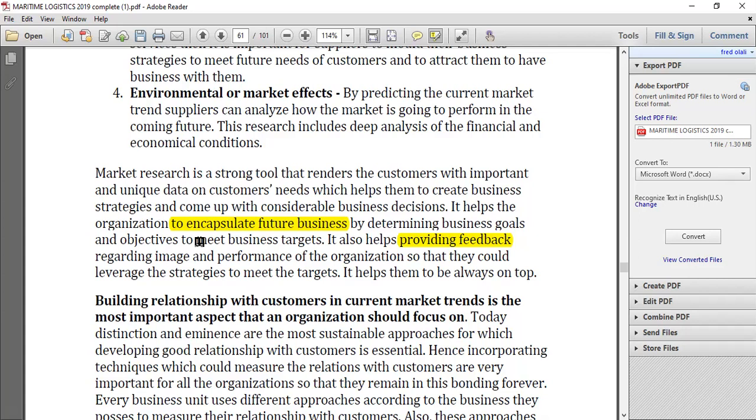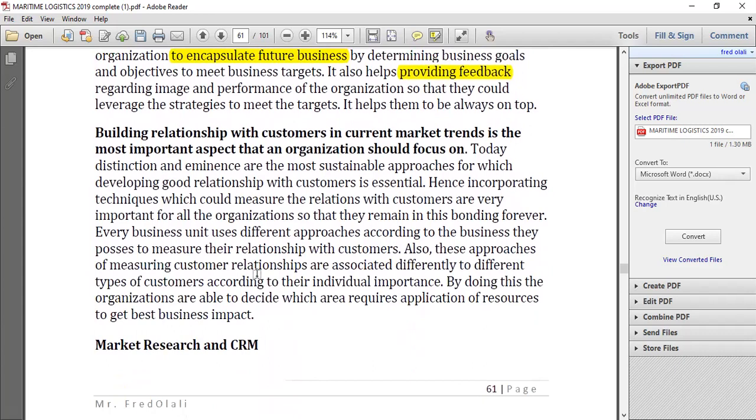So it helps them to be always on the top. So building a relationship with the customers in the current market trend is the most important aspect an organization should focus on. So that is very, very key.